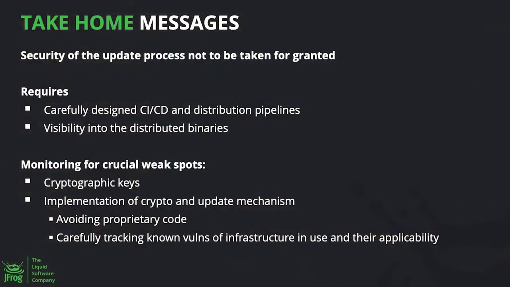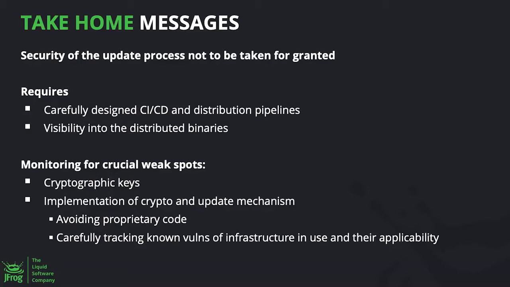So that's our perspective, and our perspective is that we need to have this technology to be able to look into binary images and be able to run checks on them. And that's what we're working on at Vdoo, and now it's a part of JFrog. Our take is that the security of the process is not something you take for granted, and it needs to be continuously monitored, and you need to carefully design CI/CD and distribution.